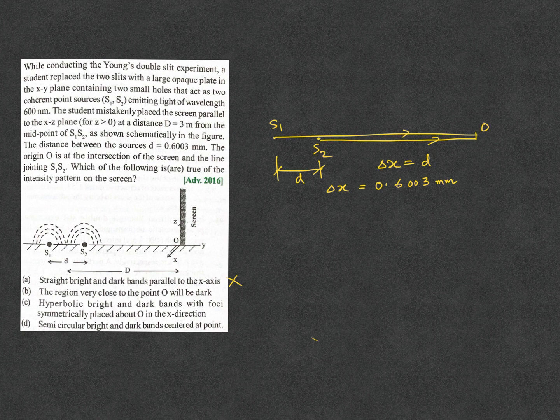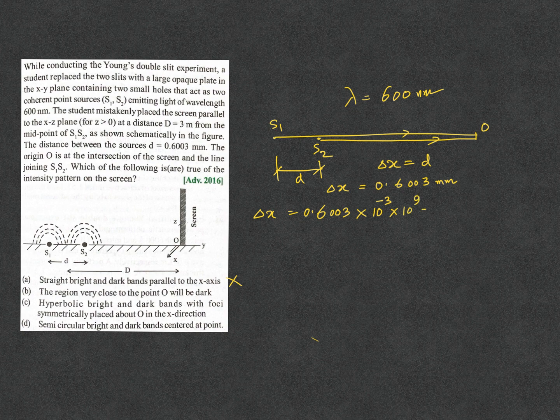Here the wavelength is given in nanometer, 600 nanometer. So we'll convert millimeter to nanometer. That is, delta x is 0.6003 millimeter to nanometer. Say millimeter to meter, and then again nanometer.